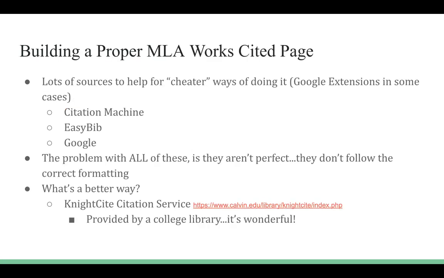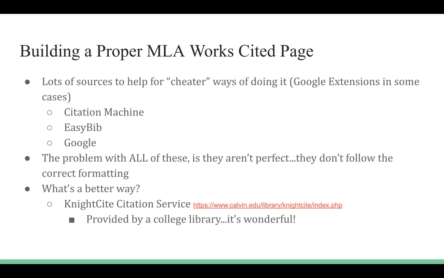So this whole thing is to try to get you to go through the steps to build an MLA works cited page. In building a proper MLA works cited page, there are lots of teachers that you've probably had that say, oh, go use EasyBib. There's a wonderful Google extension. Any web page that you're on, you can just click the Google extension and it creates the source for you.